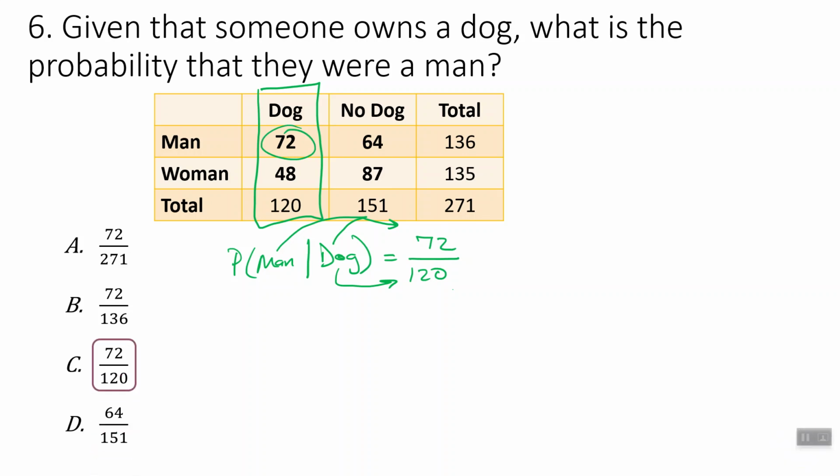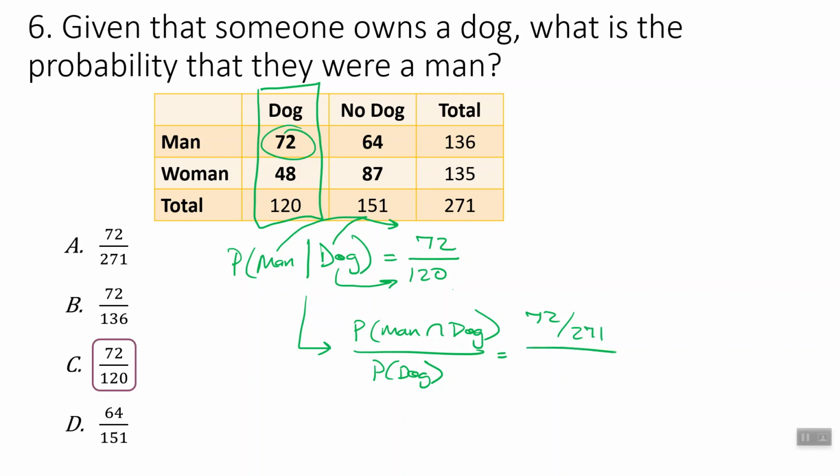Now, if we did this the other way, it'd be tricky. This would be equal to the probability of man and dog over the probability of dog, which would be, let's see, man and dog would be 72 out of 271. Dog would be the 120 out of 271.